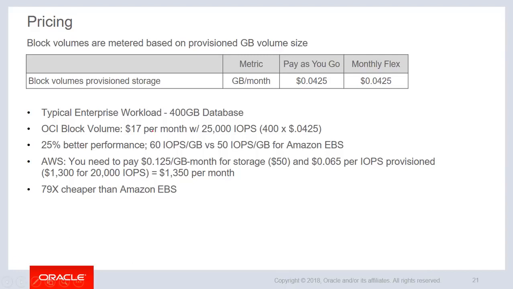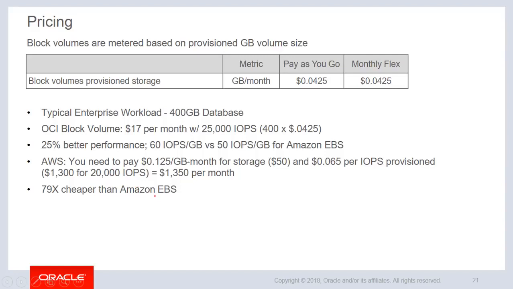So if you have a 400 gig storage, the price on OCI is something like $17 per month with 25,000 IOPS. If you have to get the same IOPS on Amazon, because you are paying for those IOPS, the cost would be something like $1,350. So it's insanely cheaper than Amazon.